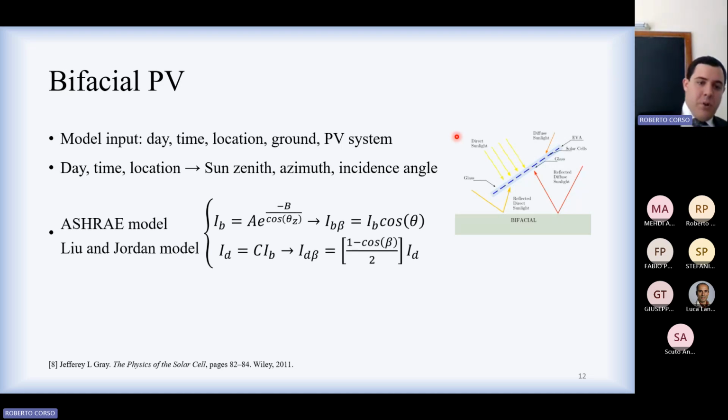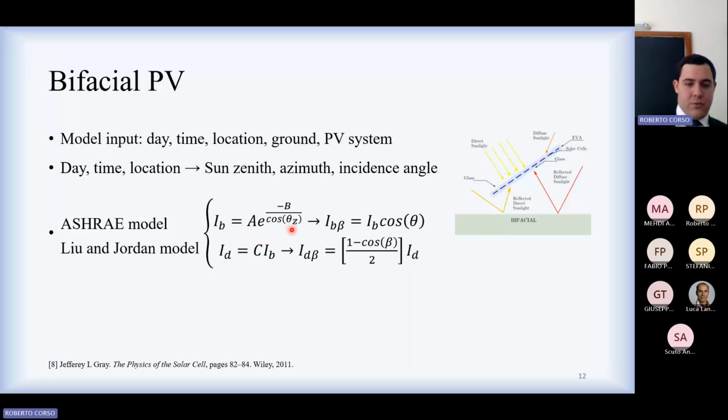Then we employ some well-established models in the literature, namely the ASHRAE model, which is a parametric model that, through three month-dependent parameters, A, B, and C, is able to determine the intensity of the beam component and of the diffuse component on a photovoltaic system.